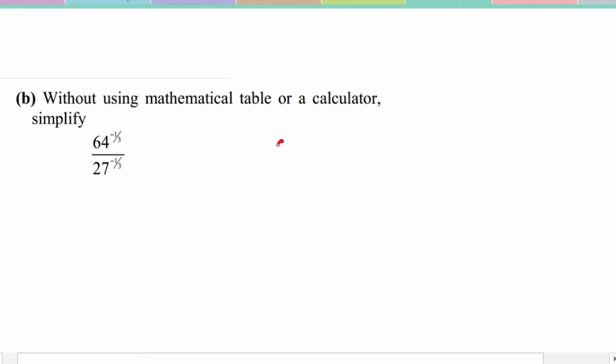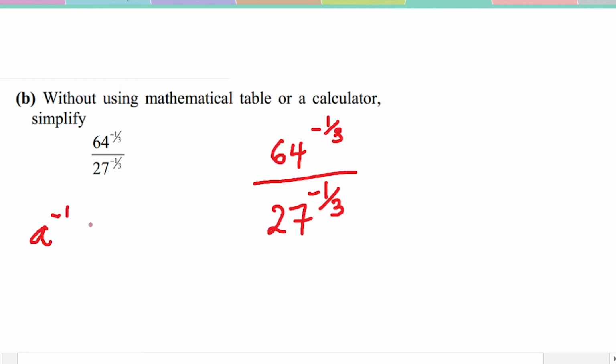Let me rewrite it here. We have 64 to the power negative 1 over 3, divided by 27 to the power negative 1 over 3. From your laws of indices, you know that a to the power negative 1 is the same as saying 1 over a.